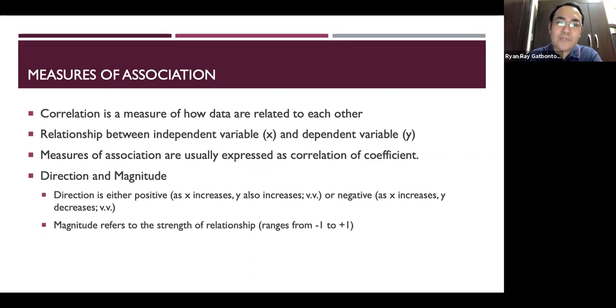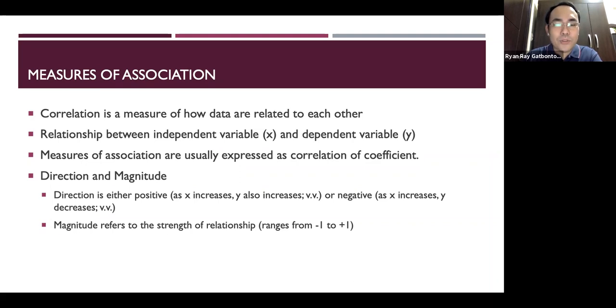Or if the X variable decreases, the Y variable also decreases. When we say an association is negative, as X increases, the Y variable decreases. And it also happens vice versa: when the independent variable decreases, the dependent variable increases.